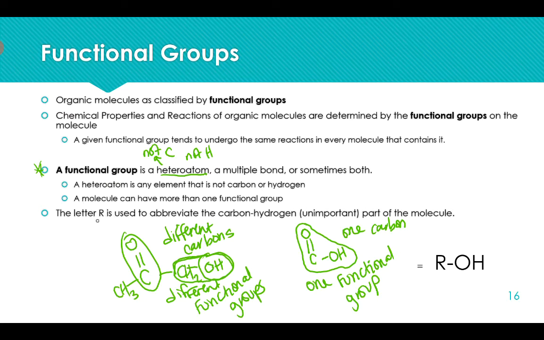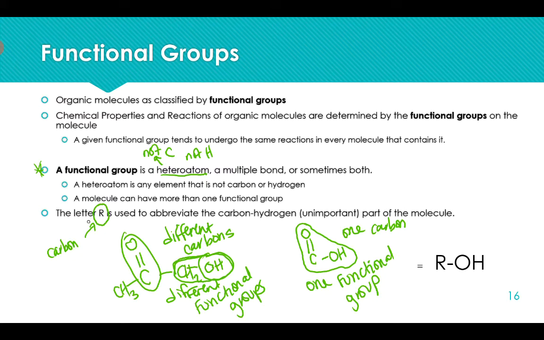Since we're really caring about just the functional group a lot of times, we'll use R to abbreviate the rest of the molecule that's not important for studying our chemical reaction. R means carbon something or other.